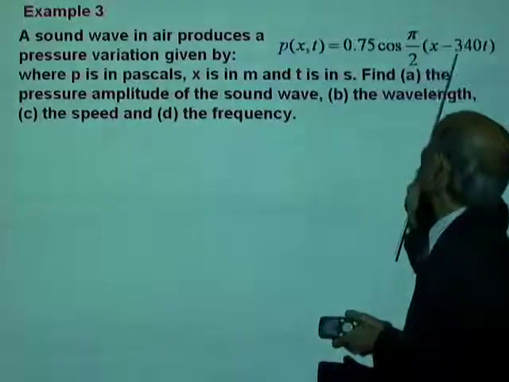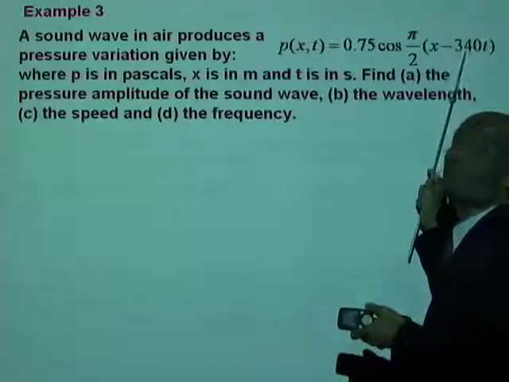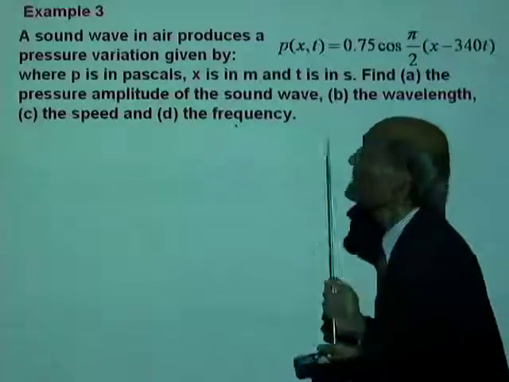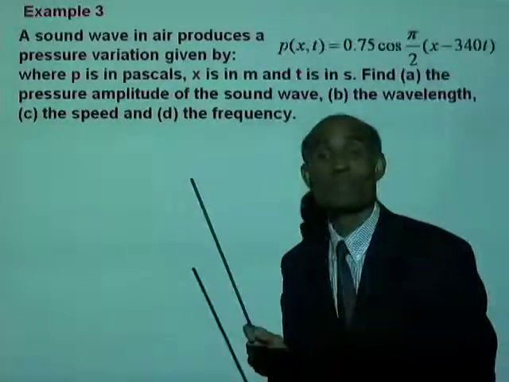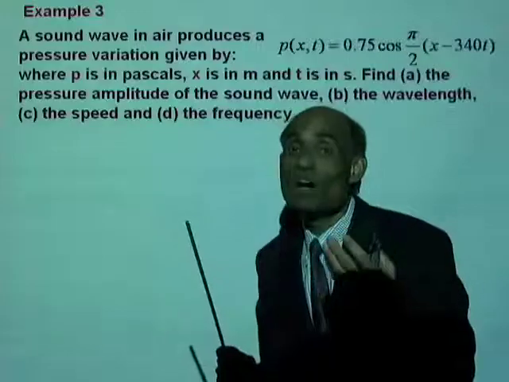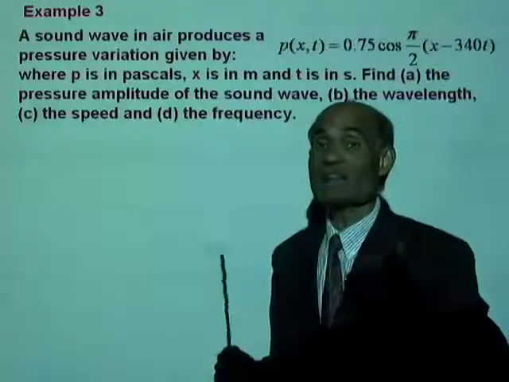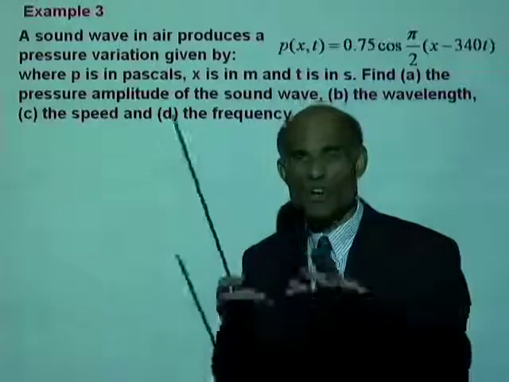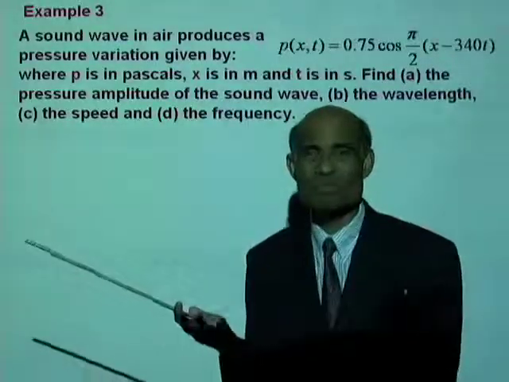The speed is this, x minus vt. So that is your speed. And the frequency, well, if you know your speed and wavelength, then you can find the frequency. So these problems are very simple for you.